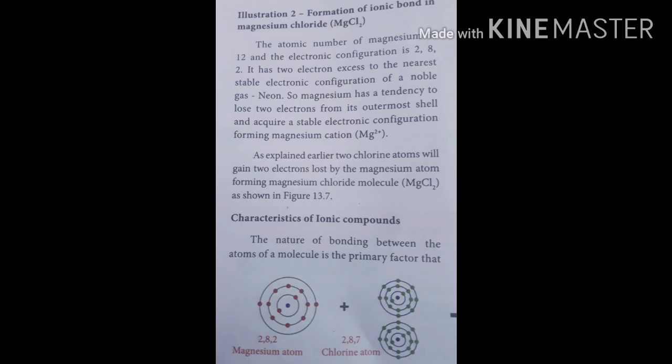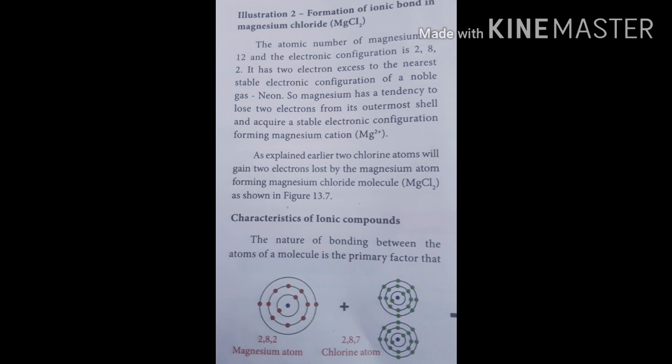It wants to donate electrons to another non-metal. The non-metal attached with it is chlorine. Here 2 chlorine atoms are present. The formula is MgCl2. As we saw earlier in the sodium chloride bond formation, chlorine needs 1 electron to attain the stable electronic configuration of argon.